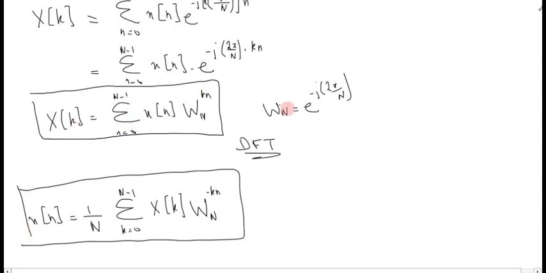You can write this expression in matrix form also. Say for example, as you have the discrete Fourier transform X of k equals the summation n equal to 0 to N minus 1 of x of n W N raised to power k n.